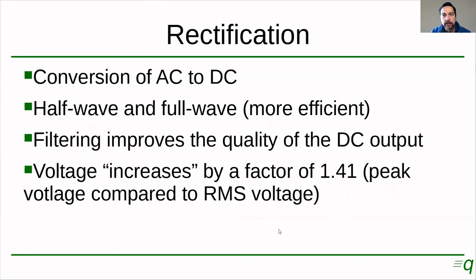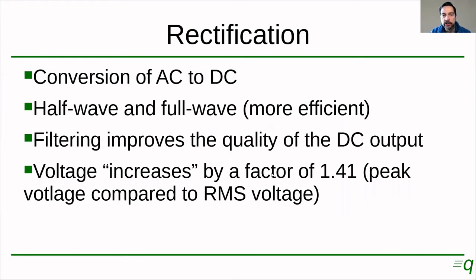And the last thing we studied was rectification, which is the conversion from AC to DC. We studied the half wave and the full wave rectifiers. The full wave is more efficient because it makes use of the negative side of the wave that otherwise would be wasted on a half wave rectifier.